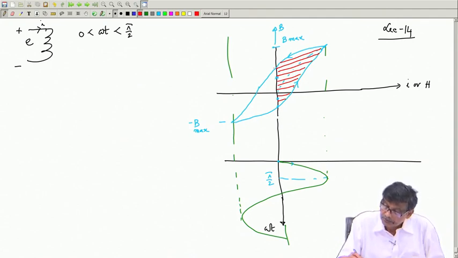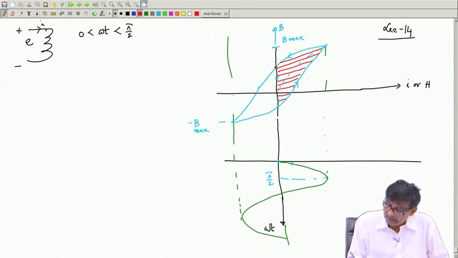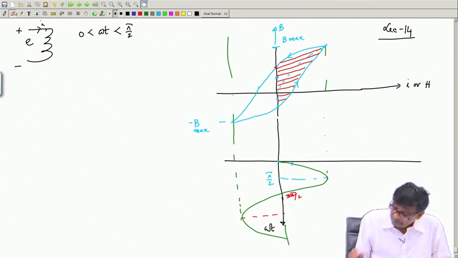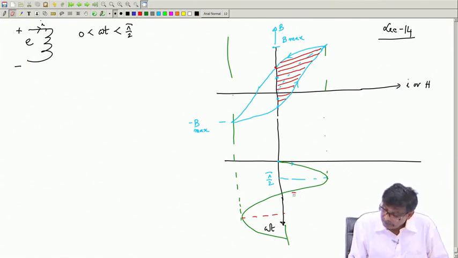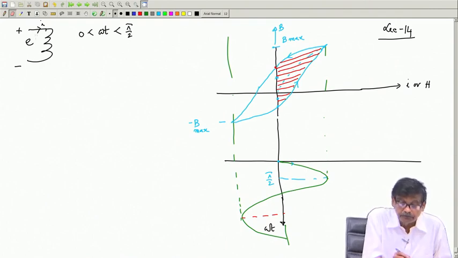Okay. And it will come to this point. Of course, current is changing on its own. So, during pi by 2 to 3 pi by 2, it will do like this.